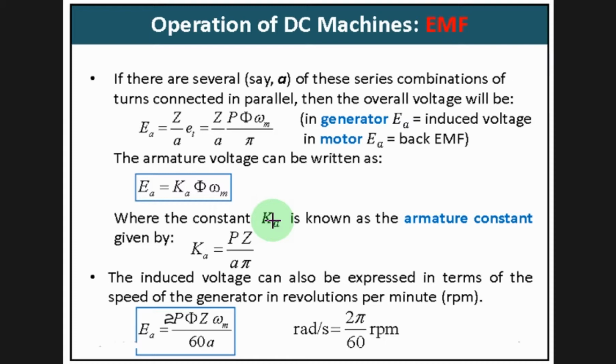So the induced voltage can also be expressed in terms of the speed of the generator in revolutions per minute.